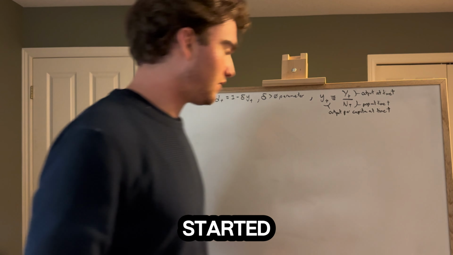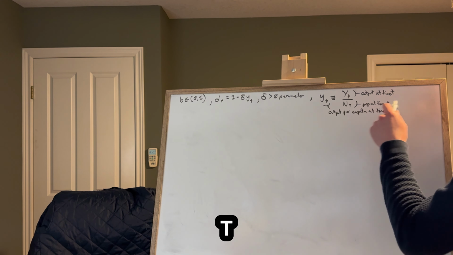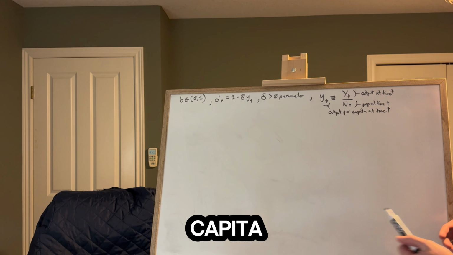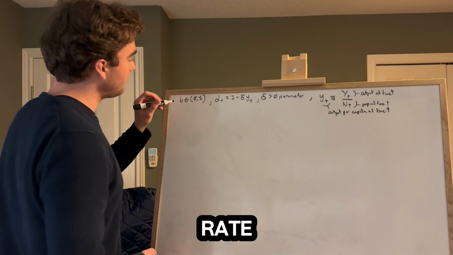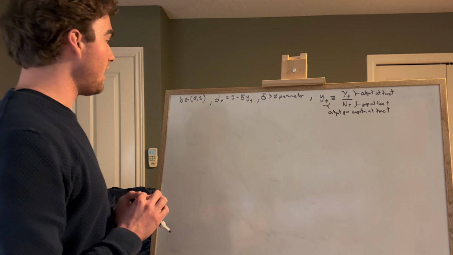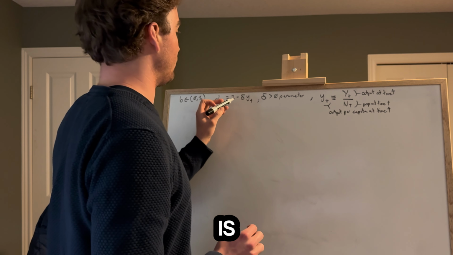So I've started here. This is your output at time t over population at time t, and that's just your output per capita at time t. This is your birth rate, which is in between 0 and 1. And this is your death rate at time t, which is 1 less.